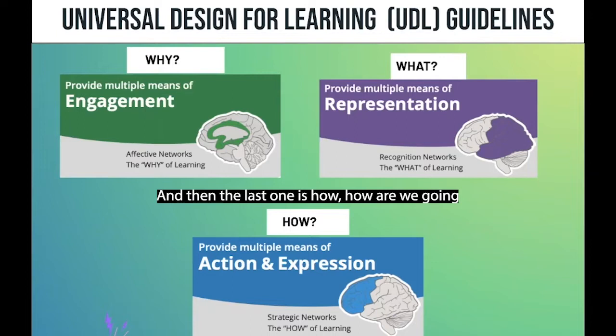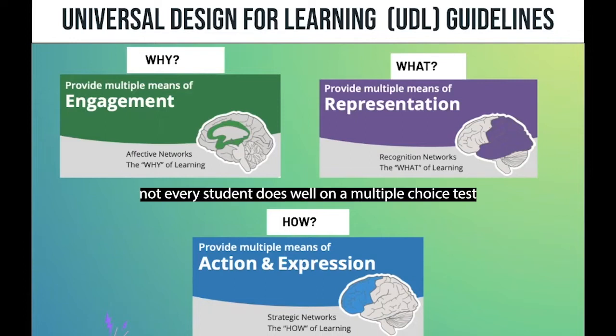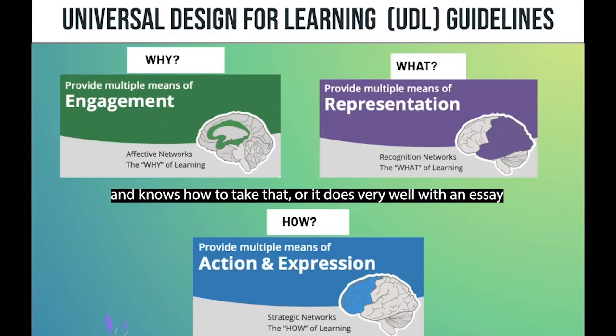How are we going to have multiple means of action and expression? Is that student going to tell us what they know? As we all know, not every student does well on a multiple choice test, or does very well with an essay. So we need to provide options for our students to be able to express themselves and their intelligence.